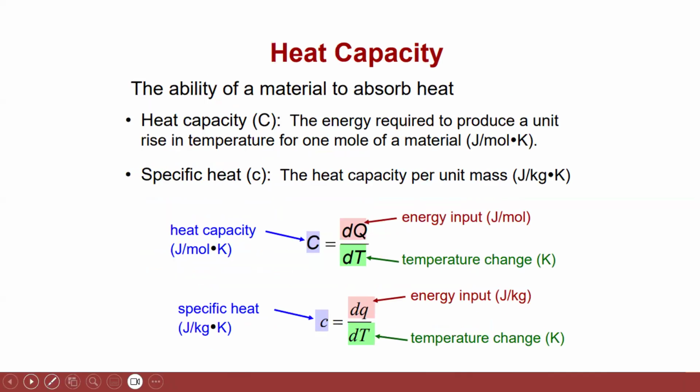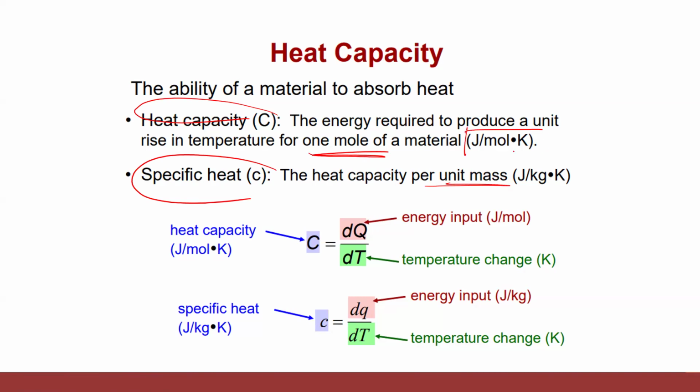Okay. So the heat capacity. We have two definitions here, heat capacity and specific heat. The difference between these two: one is the energy required to produce a unit rise in temperature for 1 mole, but the next one is the same thing for 1 kilogram.